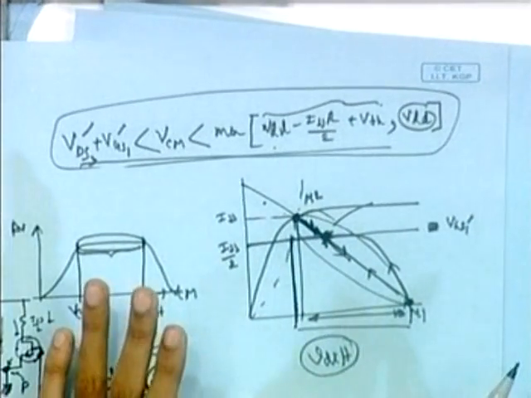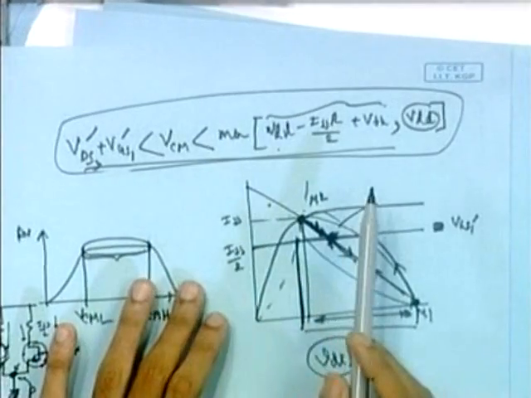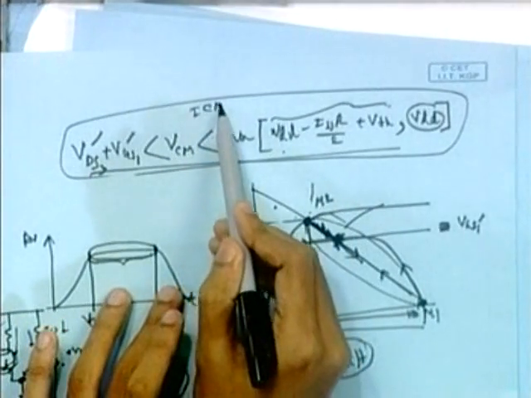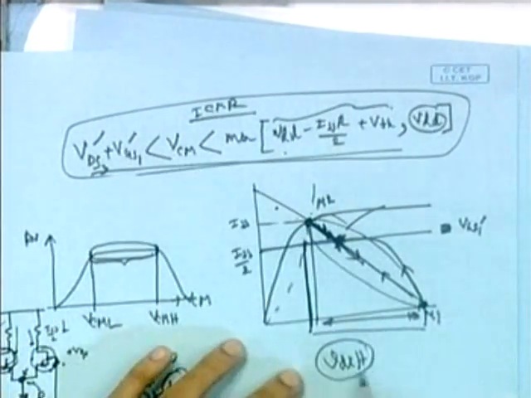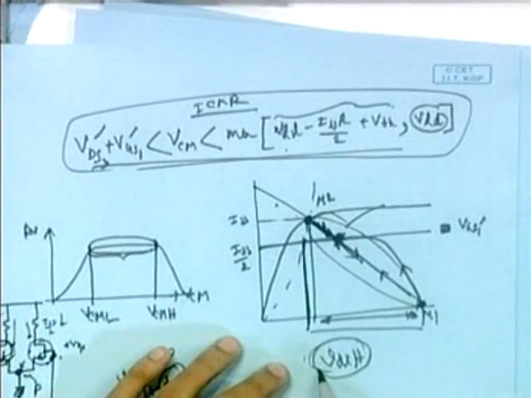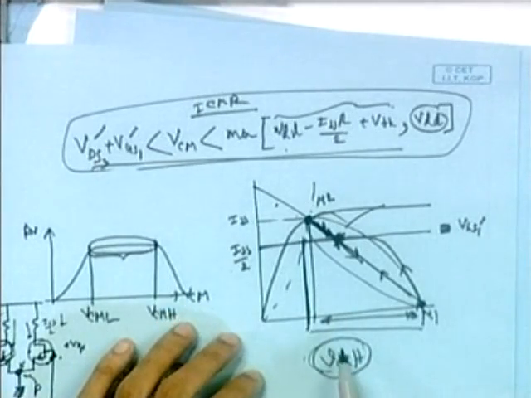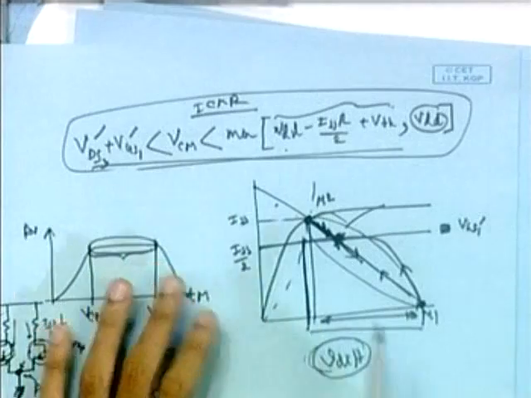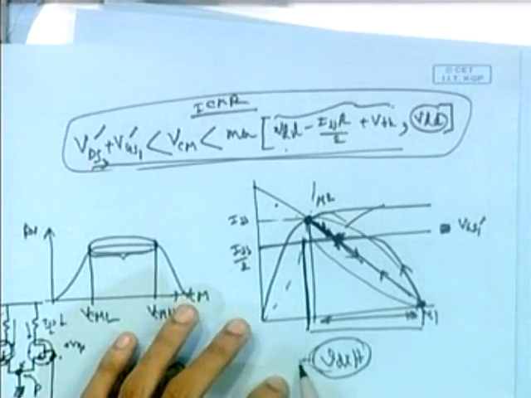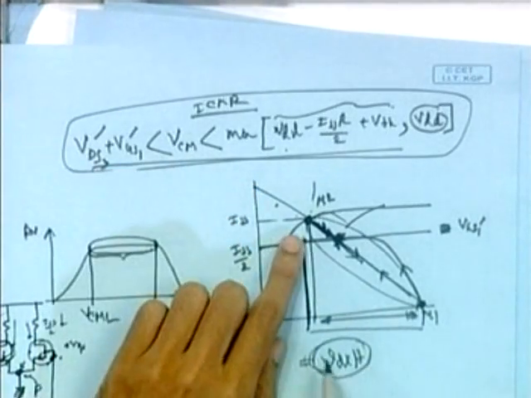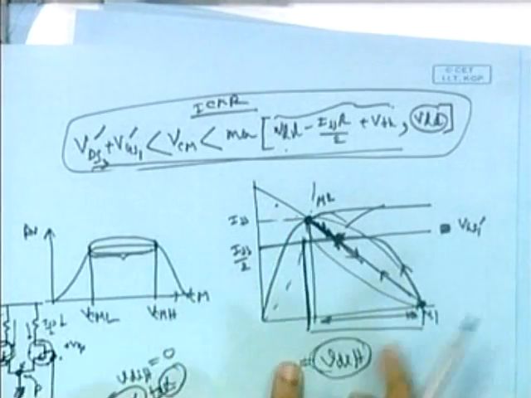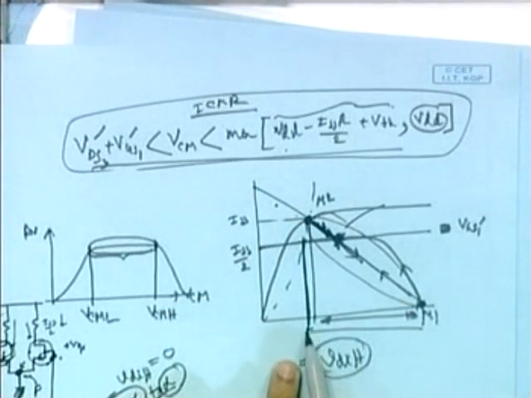The range along which you can apply this differential voltage is also important, and you cannot apply any differential voltage within this whole ICMR. You have to restrict your differential voltage within this range only, which is slightly less than your ICMR.